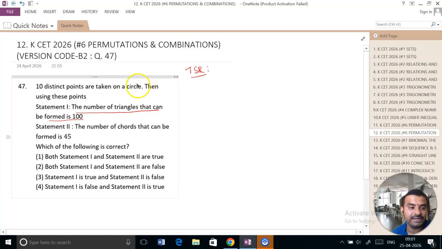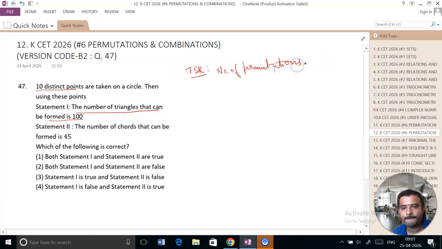See here the given statement 1 is 100. If you have 10 distinct points, then the number of triangles, here you can use this.